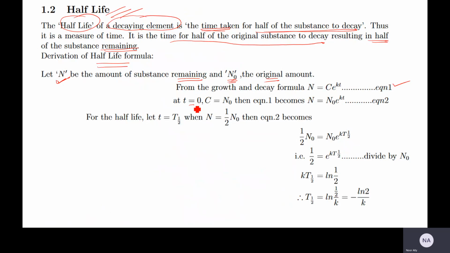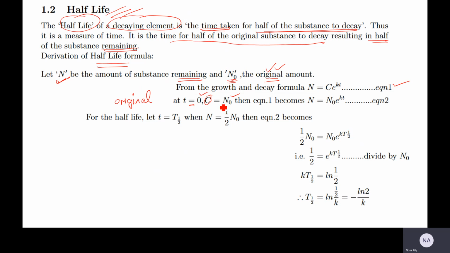At t equal to 0, in other words, the starting point, the original amount, then this C is equal to N0. So I can substitute into this equation.